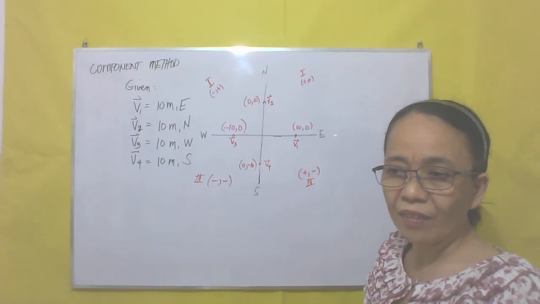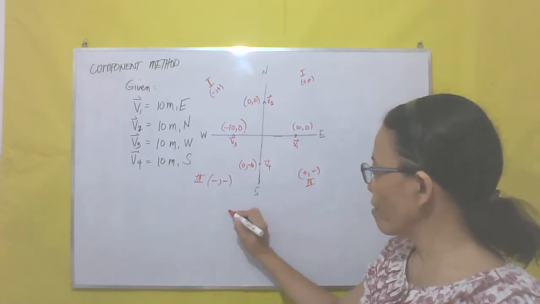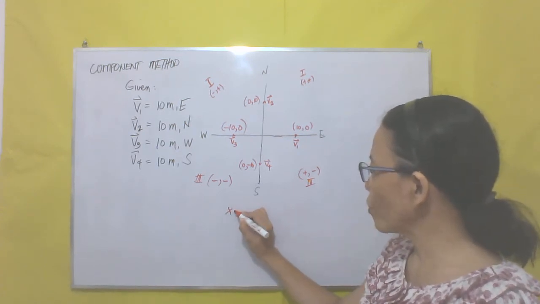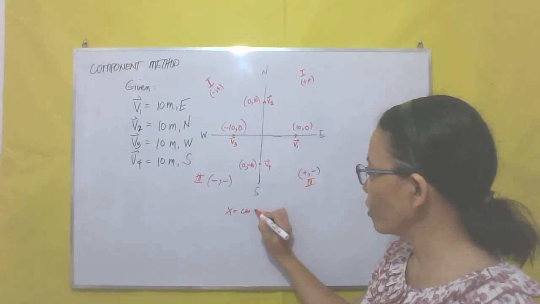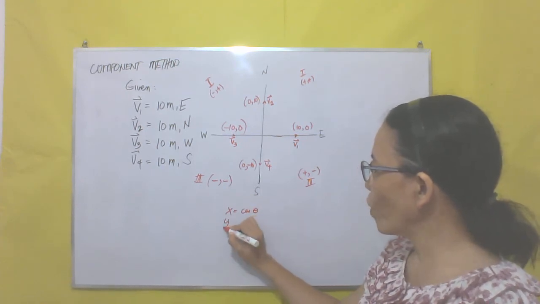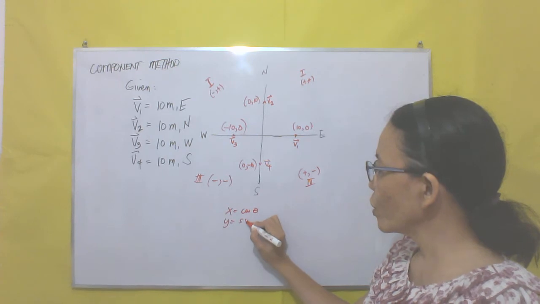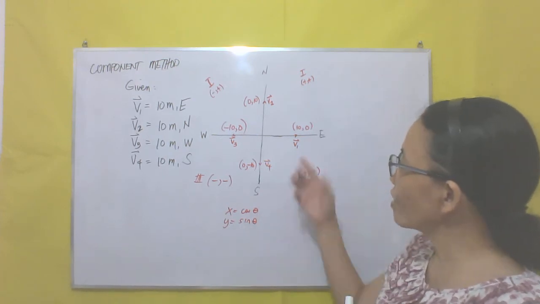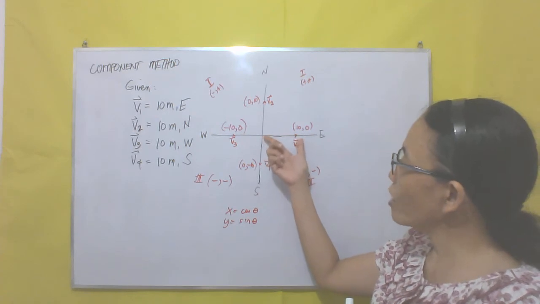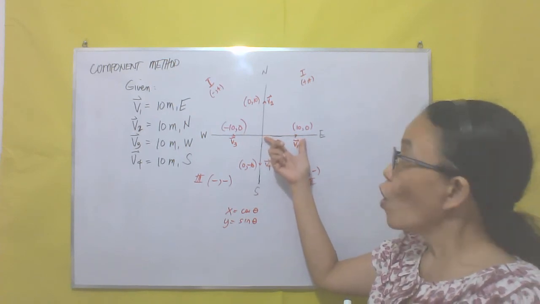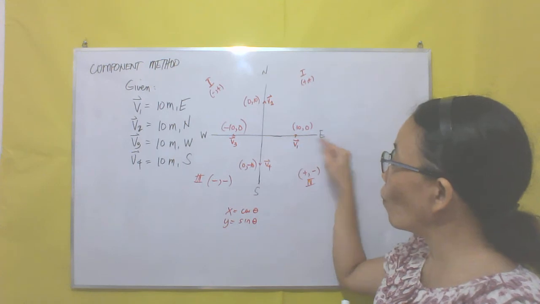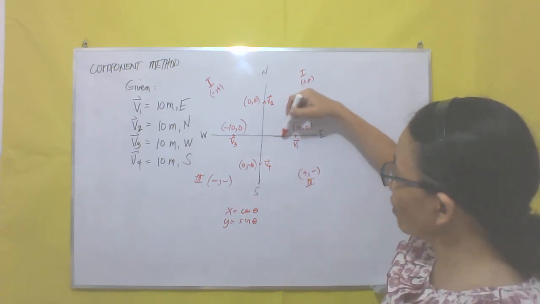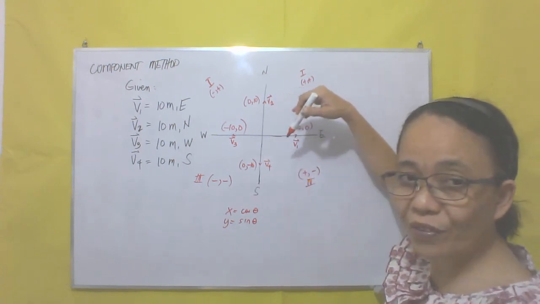Or, shall we say that for the x component, we're going to use the cosine function, and for the y component, we're going to use the sine function, or sine theta. To check this, for the x component of v1, we have 10 meters times cosine 0, since the angle here is exactly 0, a straight line.